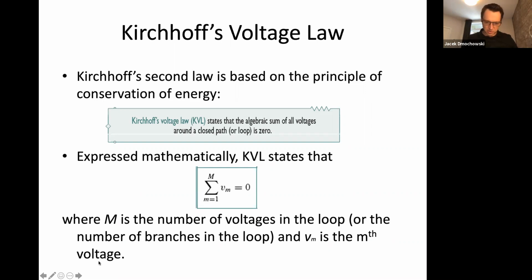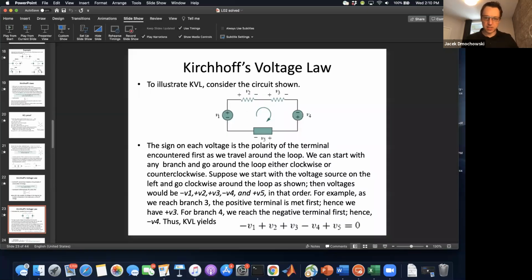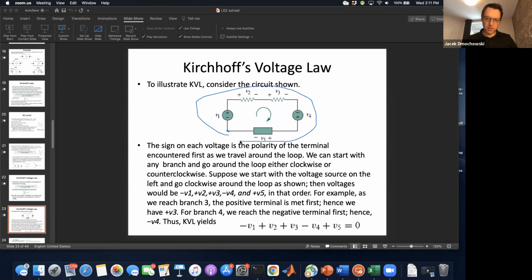And this one is also best illustrated with just a basic circuit. I'm going to annotate this. We're going to start over here, and we're going to go clockwise.